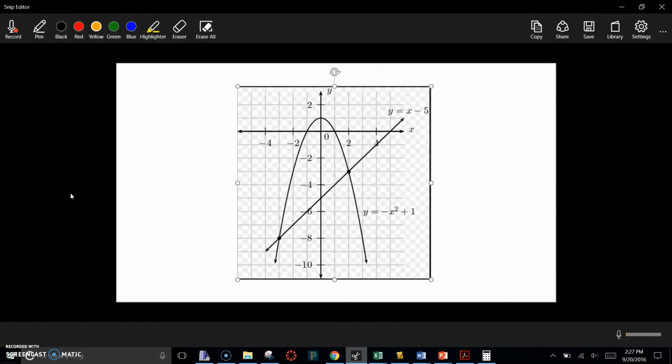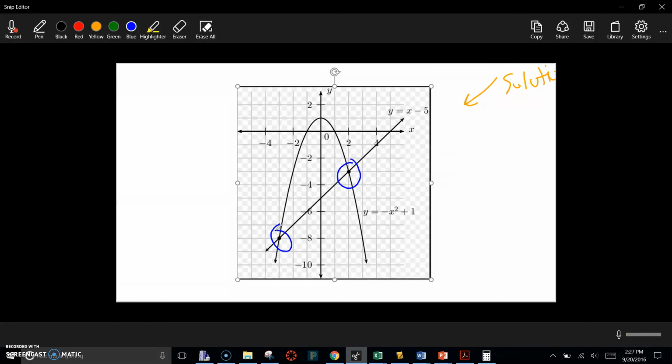Let's look at one more type of problem. They might say, I want to find the solution for this graph right here. I want to find the solution, or solutions. Again, the solutions are where they intersect, so we're going to find out where they intersect. They intersect right here and right here. So this graph should have two answers.